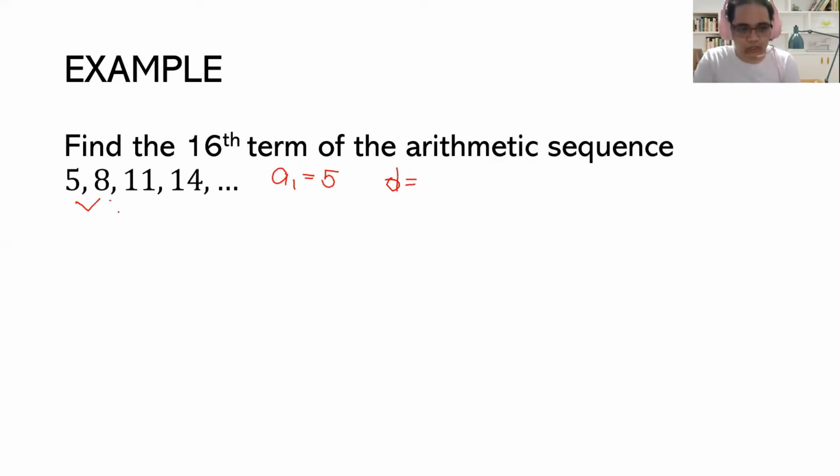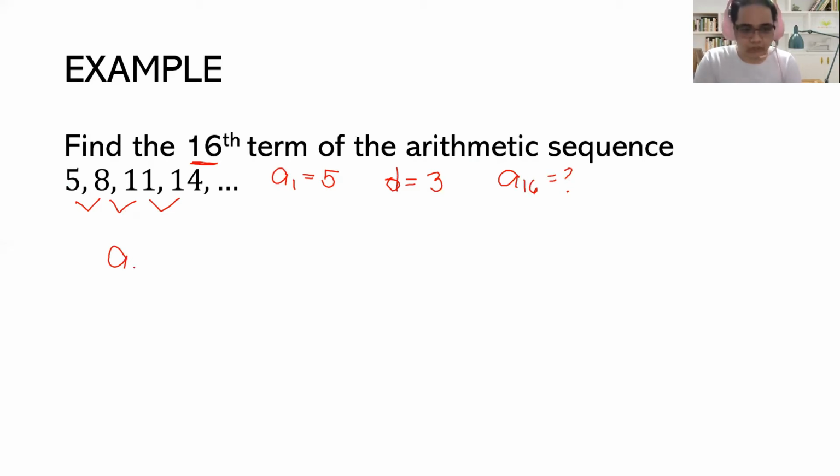Dito. Ilan yung nadadagdag sa kada term para makuha mo yung next term. So, as you can see, we have 3. Kasi yung 5 naging 8. Yung 8 naging 11. So, 3 yung nadagdag. And then we have to get the 16th term. So, A sub 16.